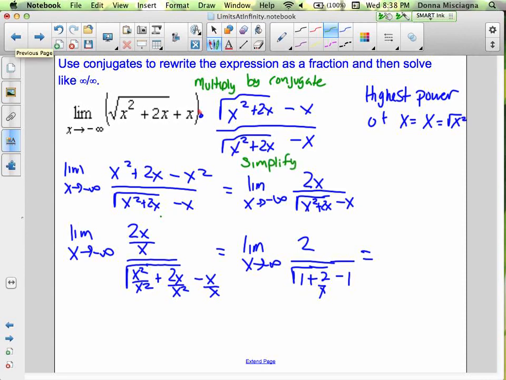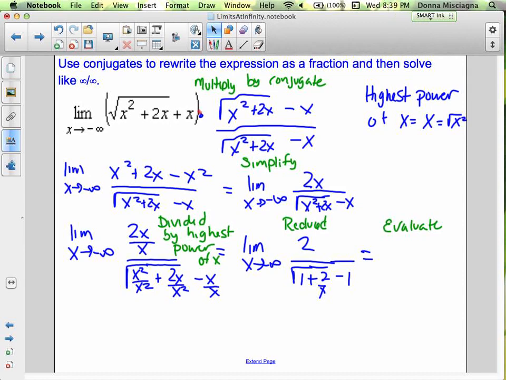Then we divided by the highest power of x. And then we reduced. And now we're going to evaluate. That'll help you when you look back at your notes.